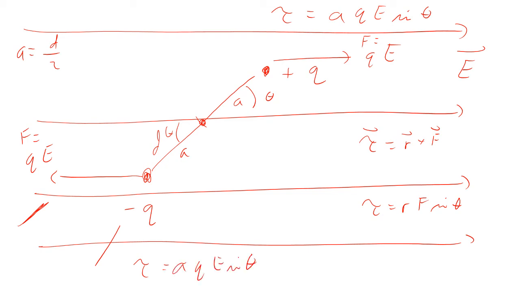What about direction? The right-hand rule says r is this way, E is that way, so the torque is into the screen. You put your thumb in the direction of the torque and your fingers curl in the direction it wants to rotate. Likewise for the other charge, the right-hand rule gives the same result, so both torques are in the same direction.